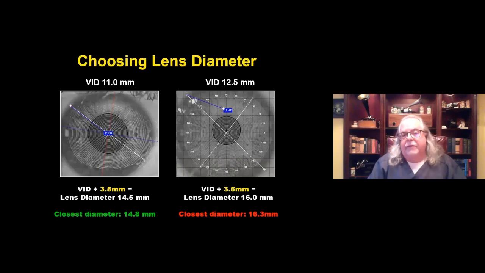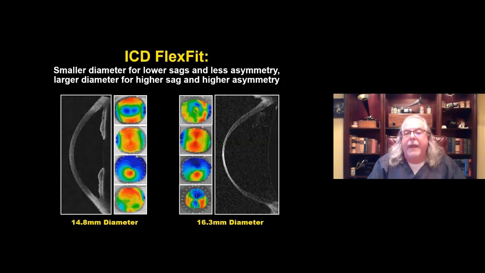And same thing is true with this lens over here, with the cornea on the right with the 12.5. And here again, we'll select our closest diameter, the 16.3, with that ability to flex up and down. So to me, this is one of the strongest features associated with this design.